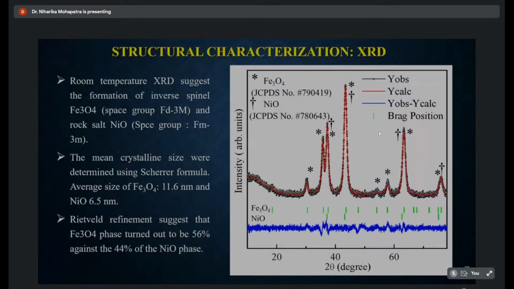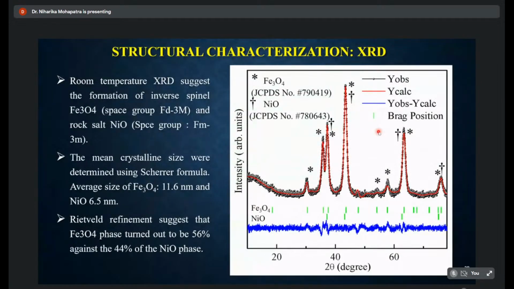So this is the XRD pattern of the sample that we have prepared. You can see the reflections coming individually from the Fe3O4 and nickel oxide systems. The stars represent the peaks which arise from Fe3O4, and these cross marks are from nickel oxide.